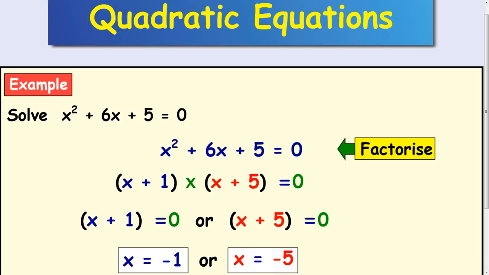Let's make x negative 5. So here you're going to have negative 5 plus 1, which is negative 4. But crucially over here, you're going to have negative 5 plus 5, which is 0. So negative 4 times 0 is 0. So two solutions of this are negative 1 and negative 5. Either of those would work.